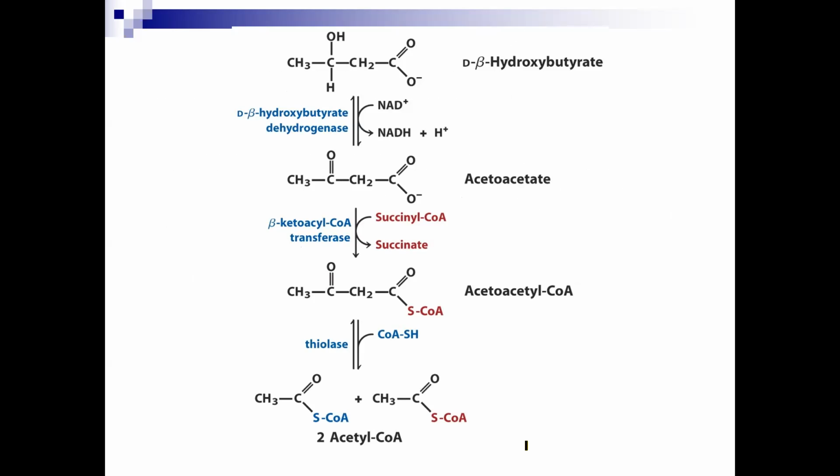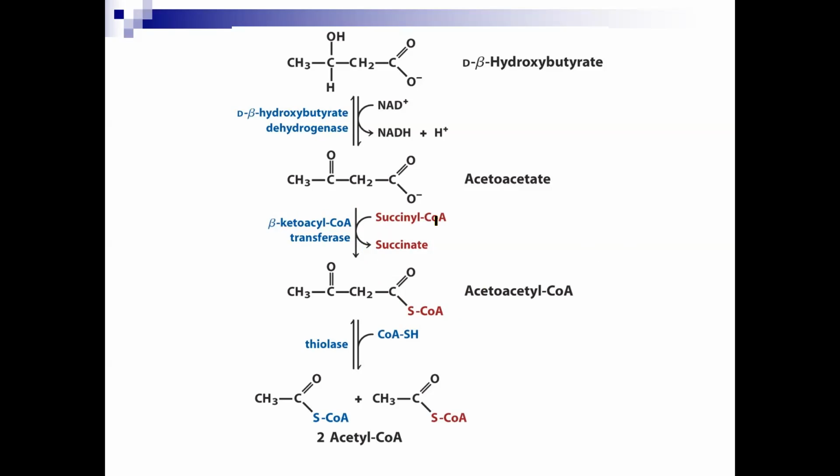And so you can see the interconversion of beta hydroxybutyrate to acetoacetate to acetoacetyl coenzyme A, and then back to acetyl coenzyme A. And this enzyme here, the beta keto acyl coenzyme A transferase, prevents you from burning 2 ATP to put a coenzyme A group on this.